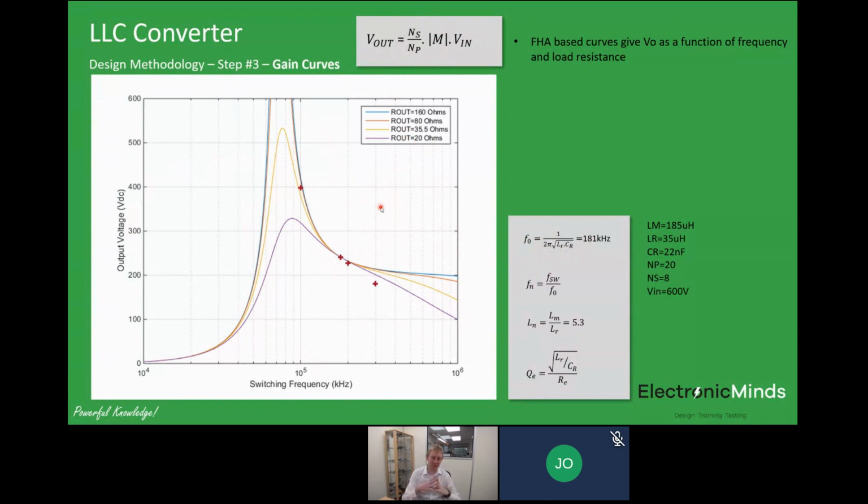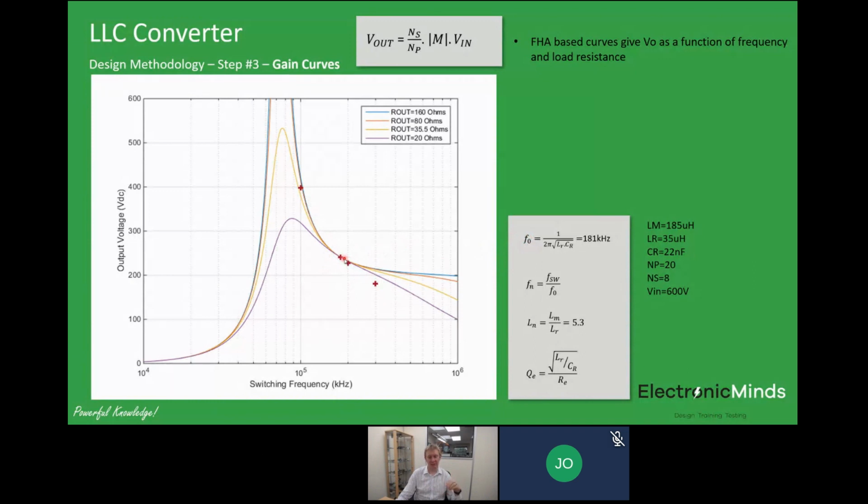I thought I'd also run some PSpice simulations just to see how close the first harmonic approximation is to a simulation. For the case where we've got 20 ohms on the output, so the purple trace, I ran simulations at 300, 200, 180, and 100 kilohertz. Now you can see here that when we're close to the series resonant frequency F0, the simulation and the first harmonic approximation compare very well.